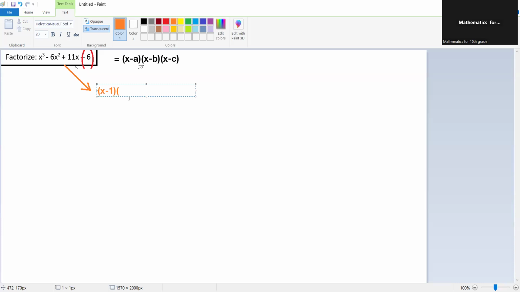So this will be a quadratic function of the form ax square plus bx plus c.